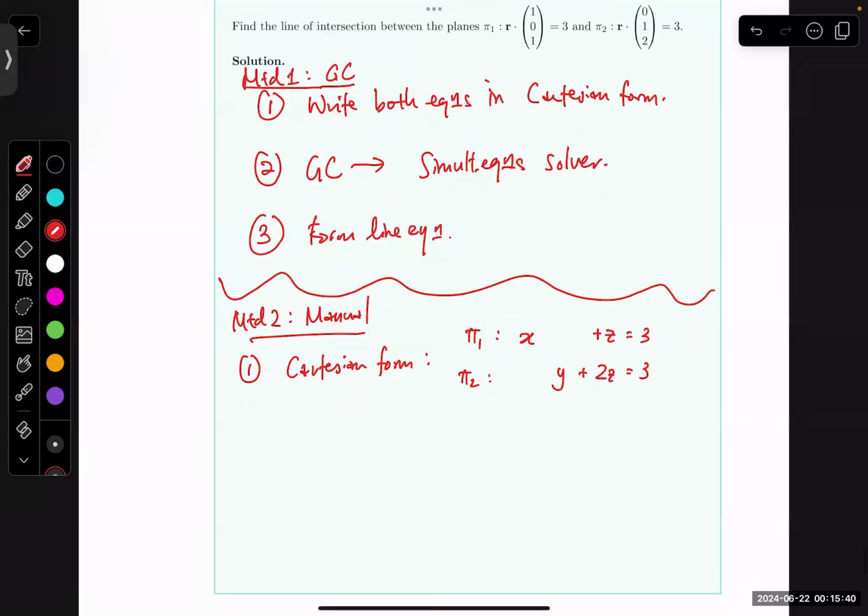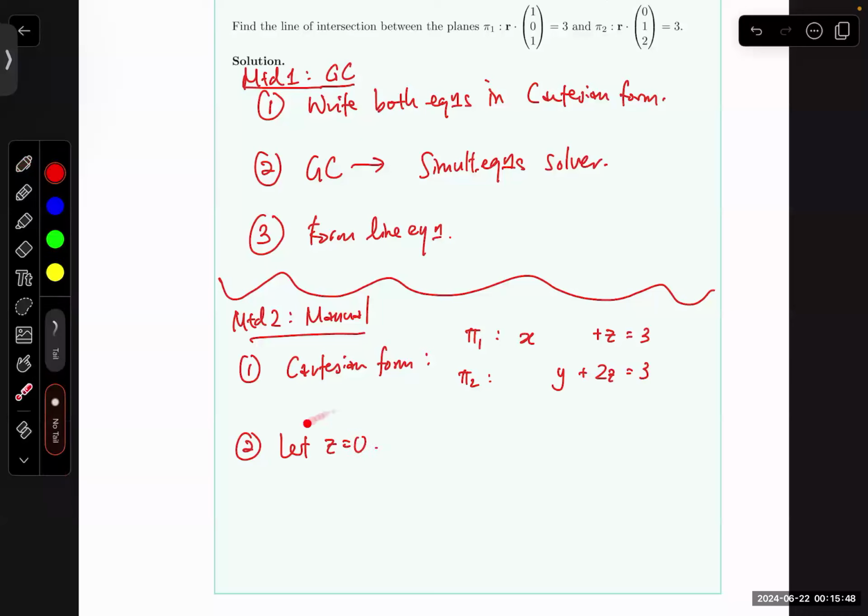Now let z equal 0, for example. You can let any of the variables equal 0. I choose z because it becomes a bit easier. Then I get x equals 3, y equals 3, z equals 0.